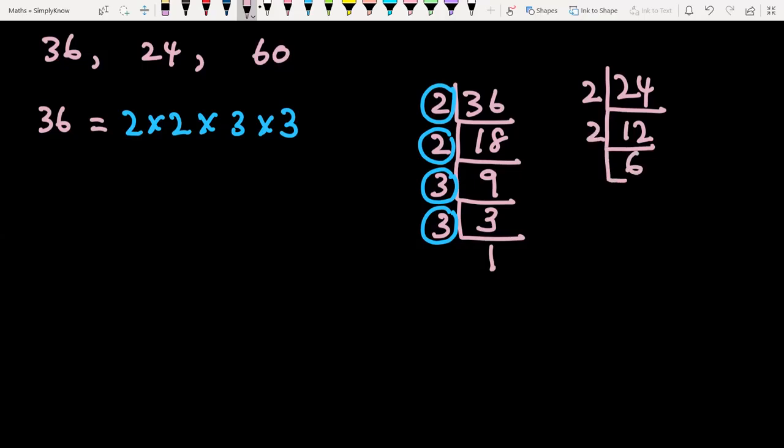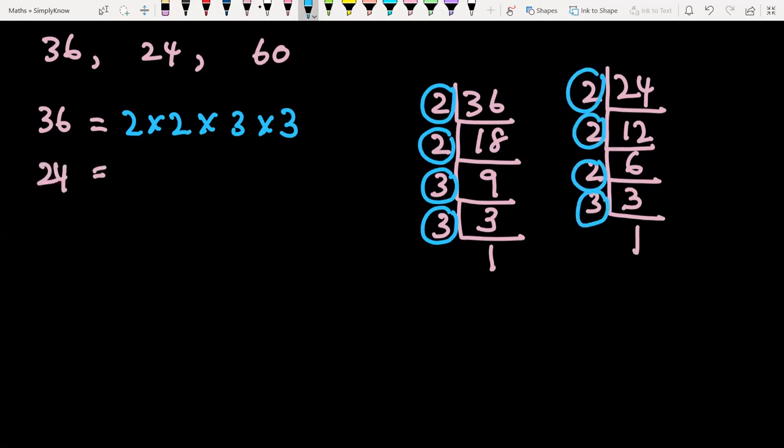Again 6 is divisible by 2 and we get 3. 3 is not divisible by 2, so let's divide by 3 and we get 1. Here are the prime factors of 24. So let's write 24 as a product of its prime factors. 2 times 2 times 2 times 3.